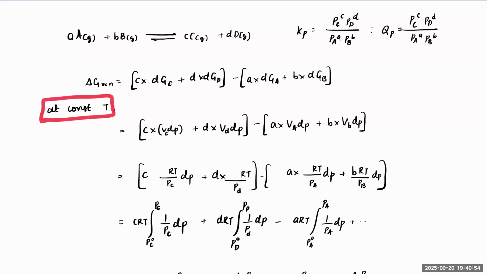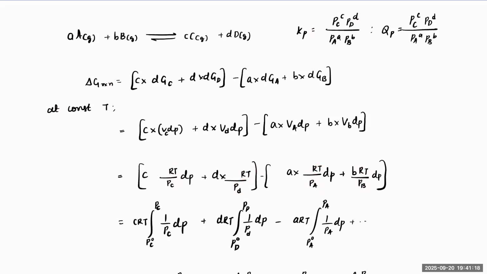At constant temperature, we can write dGc is equal to Vc dP, plus d Vd dP, a Va dP, b Vb dP. And Vc can be written as RT by Pc for 1 mole. Here also I can write RT by Pd, RT by Pa, and RT by Pb.